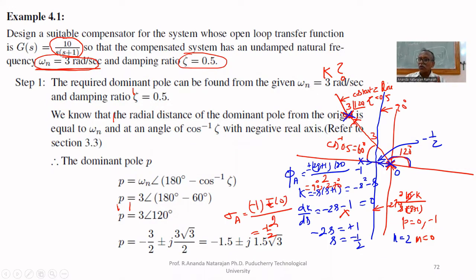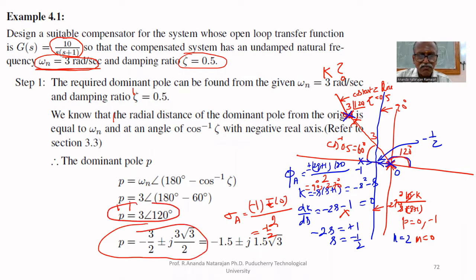But the root locus is not passing through that point. That is the problem. We should make the root locus pass through that point, and then find the value of k at that point. 3 angle 120 is in polar coordinates. If you convert it into rectangular coordinates, you will get minus 1.5 plus or minus j 1.5 root 3. Use your calculator: shift, polar.